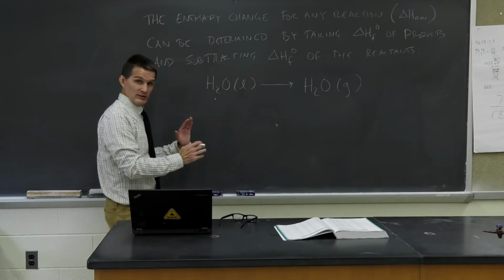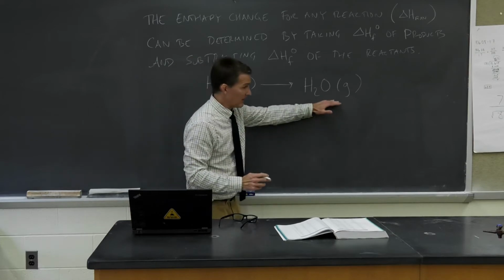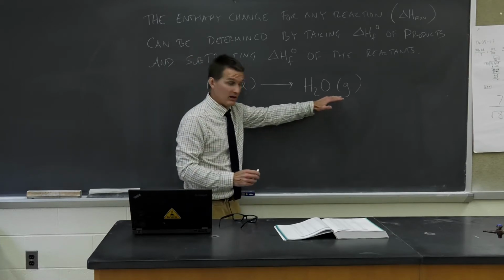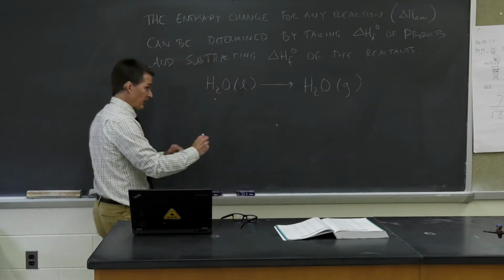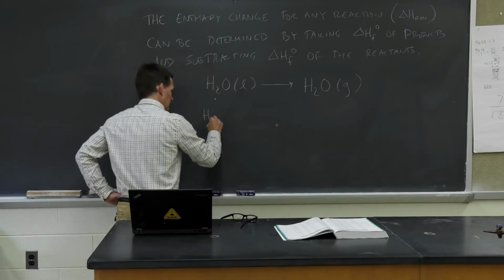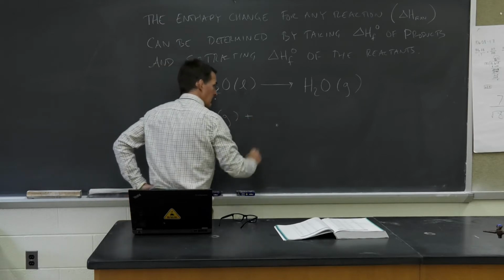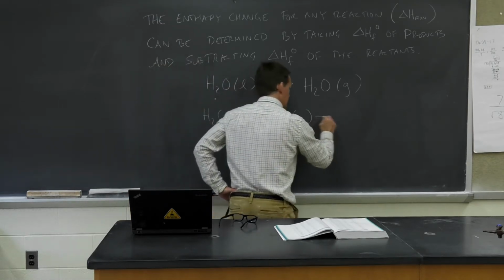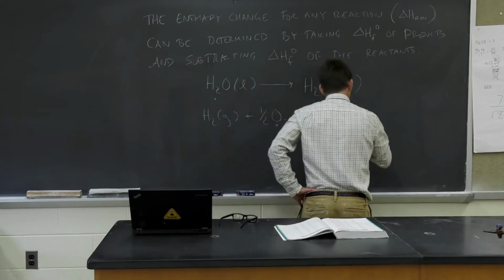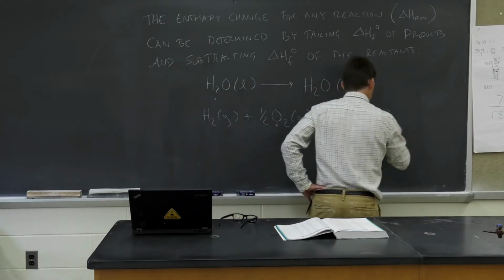So what I'm going to do is write the standard enthalpy of formation of gaseous water. We've already done that. That's going to look like this: H2 gas plus half O2 gas goes to H2O gas.